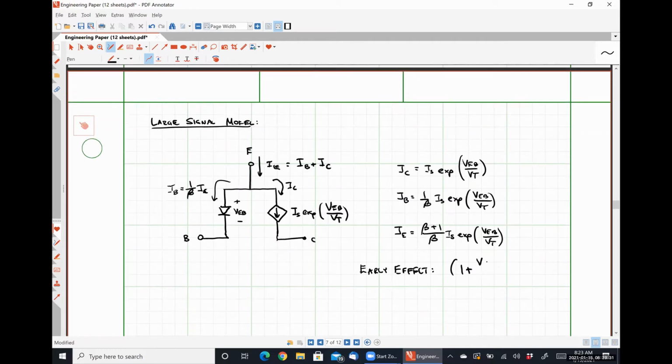VEC divided by VA would get multiplied by IC. And since IB is a proportion of IC, it carries through there as well. So early effect is easy enough to handle with a PNP transistor. We just multiply by that common factor. All right, our small signal model.